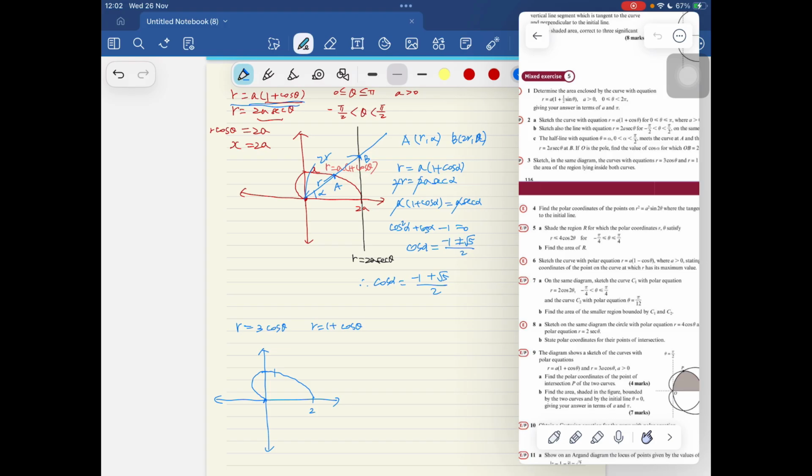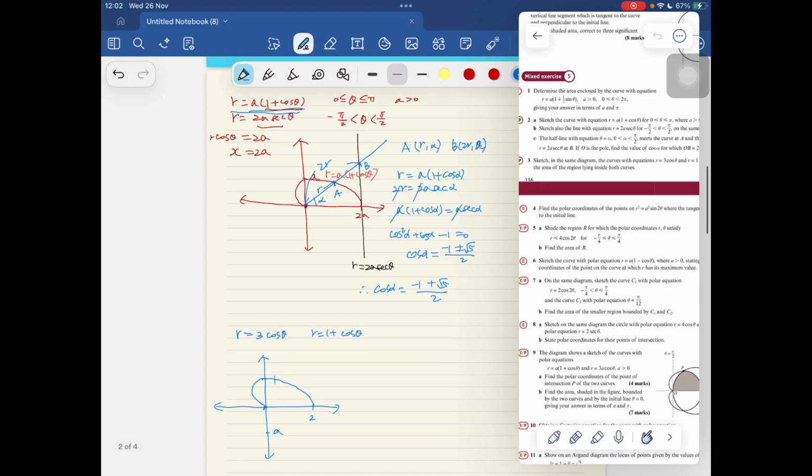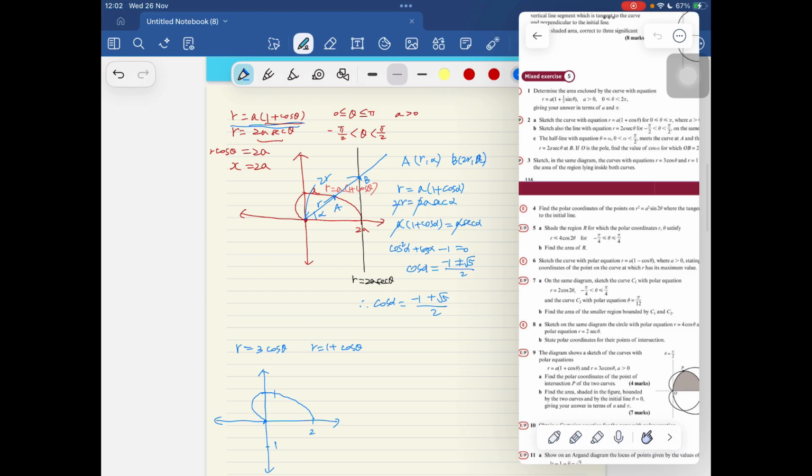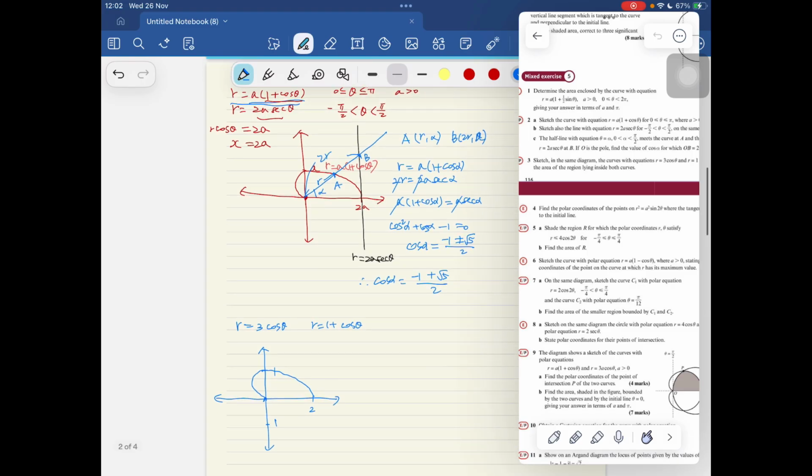It becomes 0 again, so 1, and at 2 pi, again 2. I think I made it a little too heart shaped, but anyway, it may look like this. So this is r = 1 + cos theta, and r = 3 cos theta is a circle, because r squared equals 3 cos theta times r.